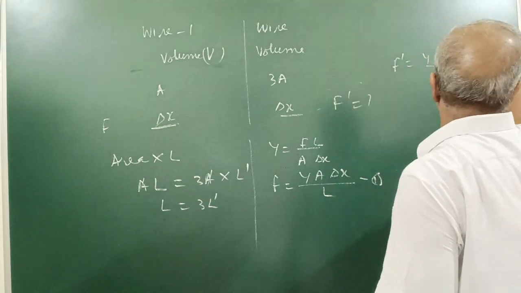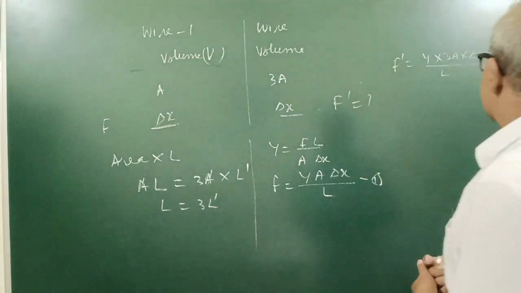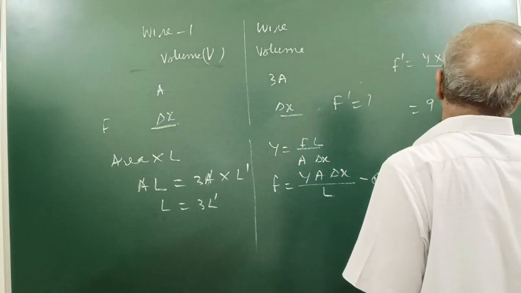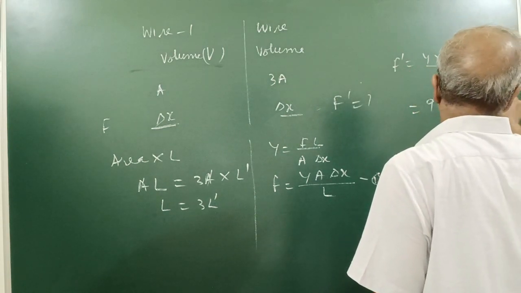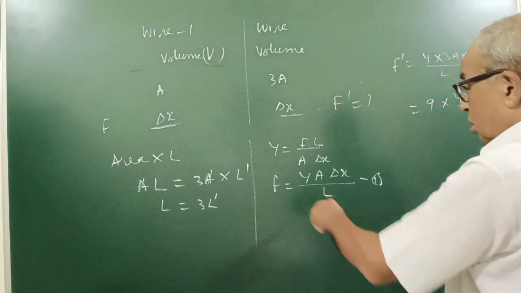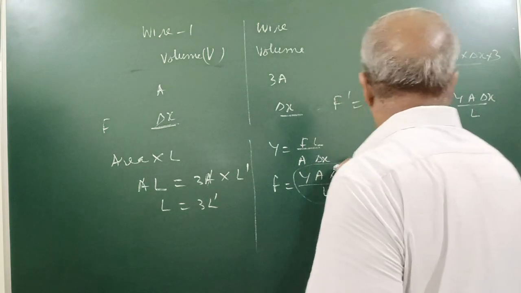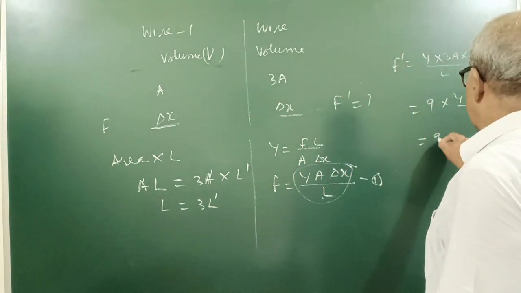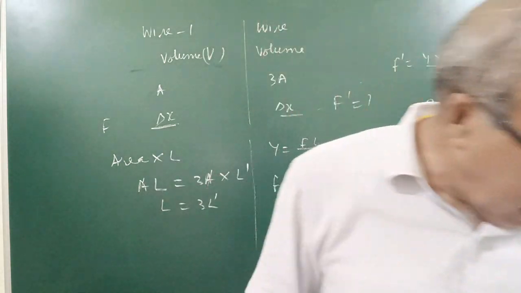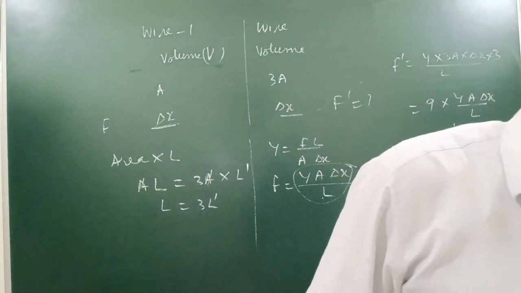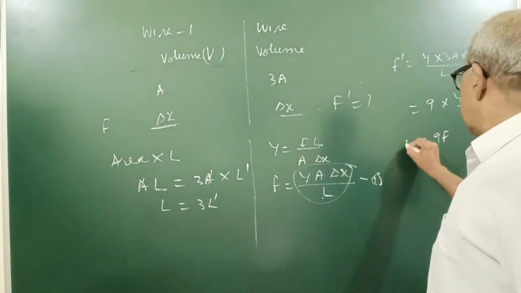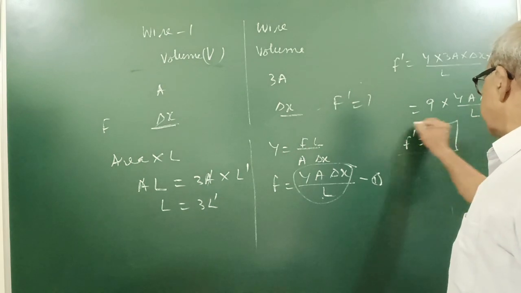So it is 9 into Y A delta x upon L. And this is F here, Y A delta x upon L. So F dash equals 9F. The force required is 9 times.